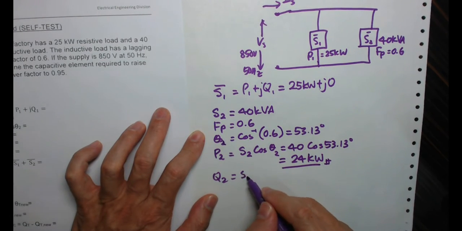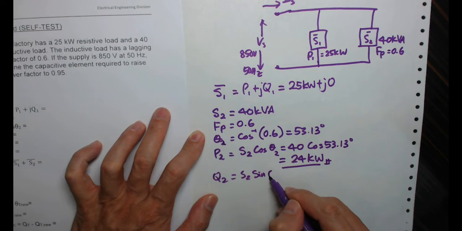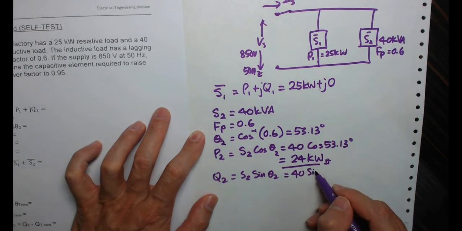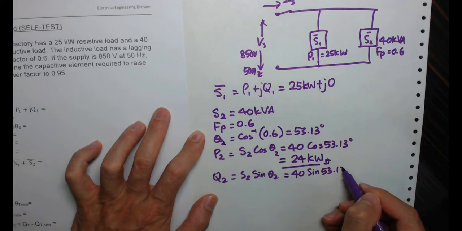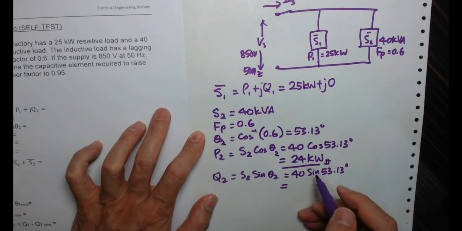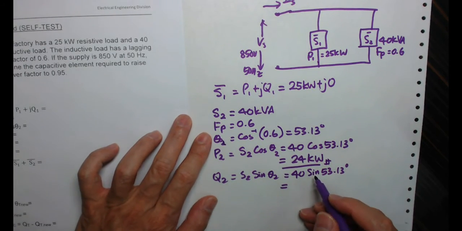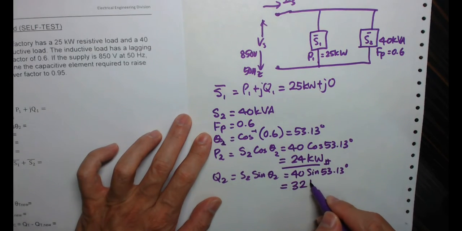Q2 equals S2 sine theta, that's 40 sine 53.13. That will give me 32 kVAr.